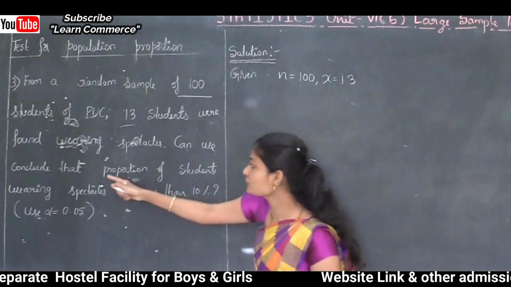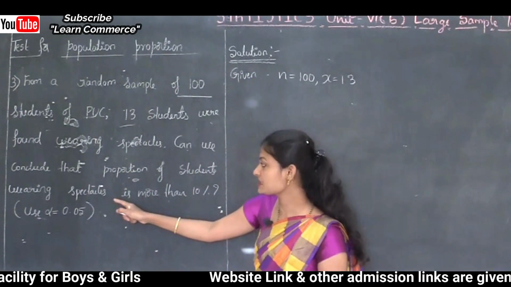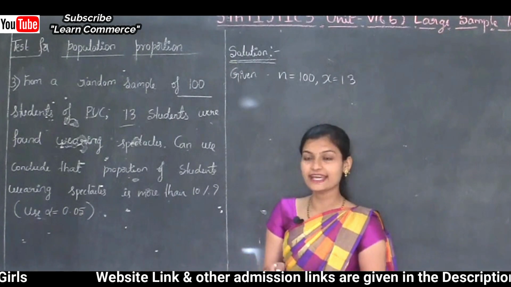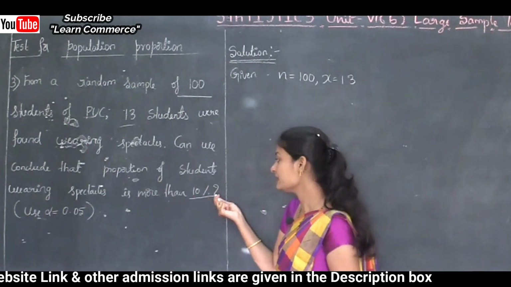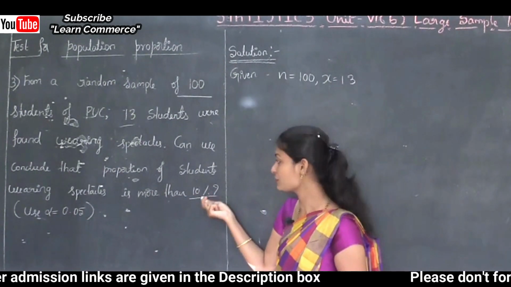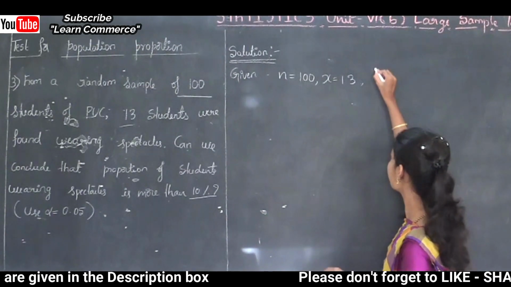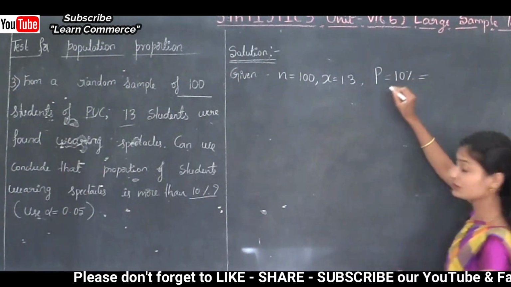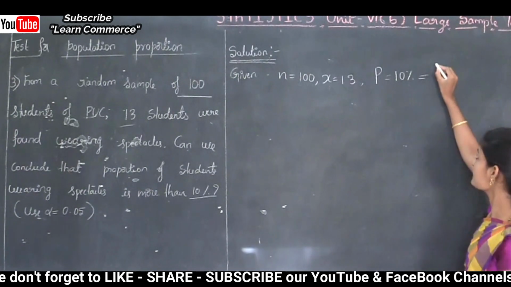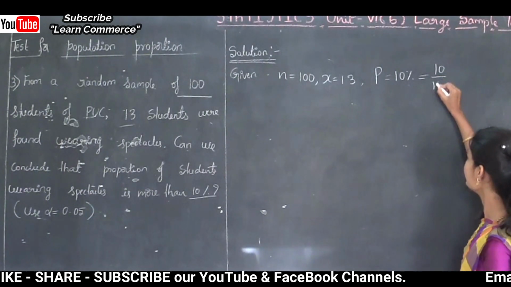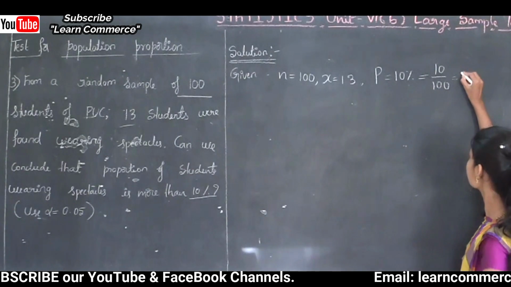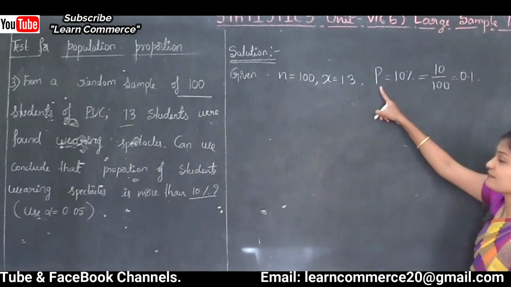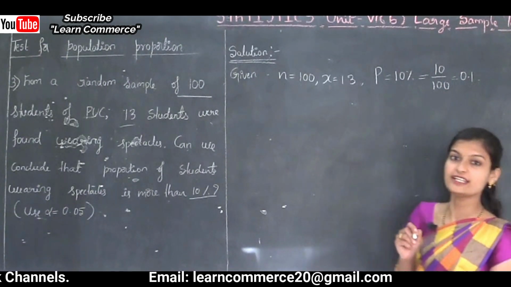Can we conclude that the proportion of students wearing spectacles is more than 10%? Here it is a percentage value, so this is capital letter P, and capital P is 10%. We can write 10% as 10 divided by 100, that is 0.1. If P is 0.1, then what is Q?